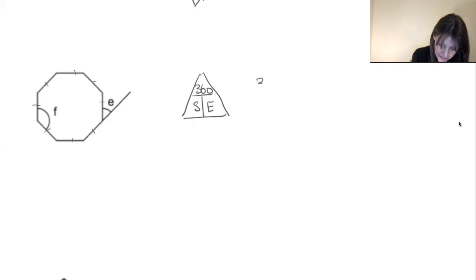So I've got 360 divided by the sides, 8. I've done this bit here, and that will equal my exterior angle. So 360 divided by 8 is 45 degrees.